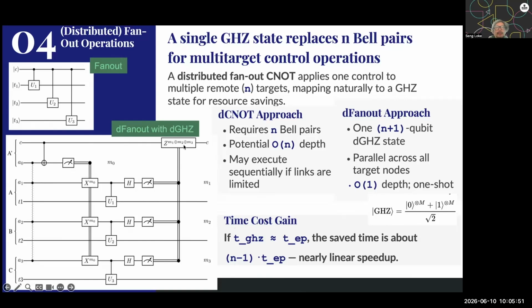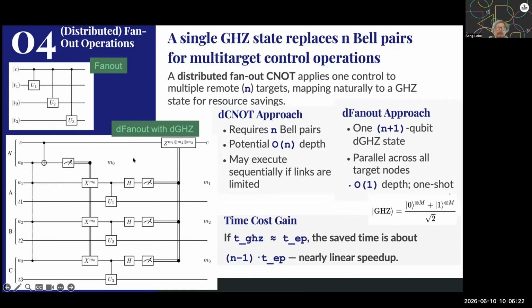What we can also see here is the typical fan-out operation, and here is how you can implement a distributed fan-out, assuming one computation qubit per node, and aided by the extra communication qubits, as they are sometimes known, for example A0, A1, A2, and A3. These four qubits are involved in a 4-qubit GHZ state.